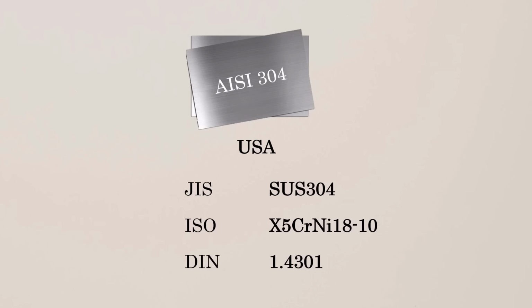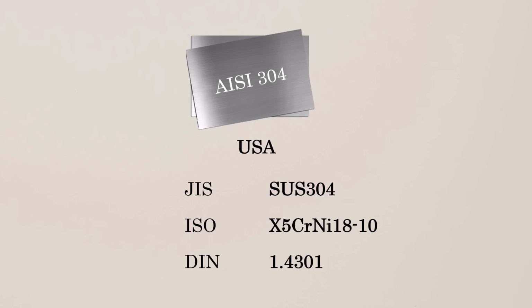For example, SS304 is one of the most common stainless steel grades used in the USA and also in India. That same steel is also listed in other standards. In the Japanese JIS standard, it's called SUS304. In ISO, it's X5CrNi18-10.